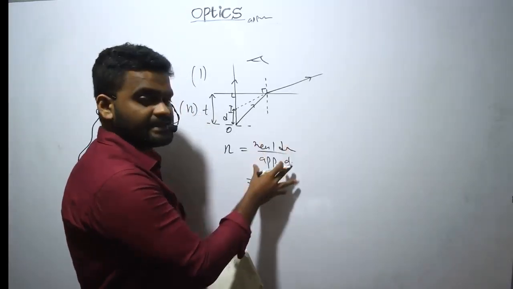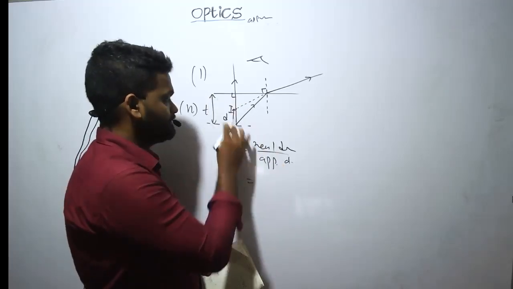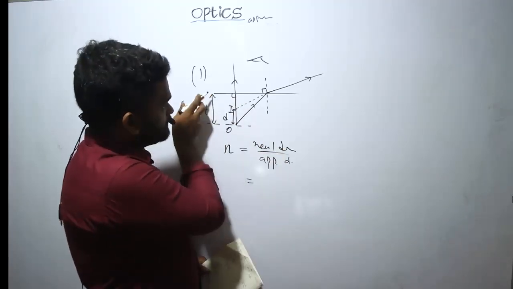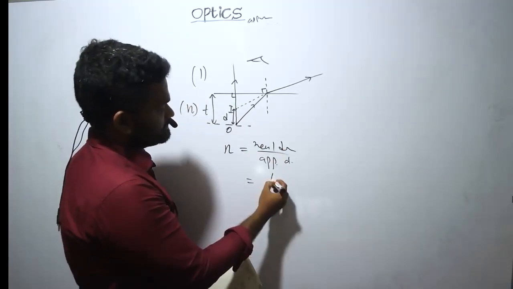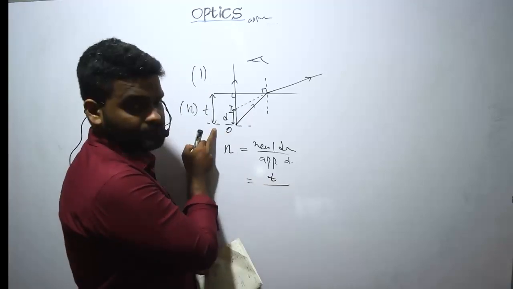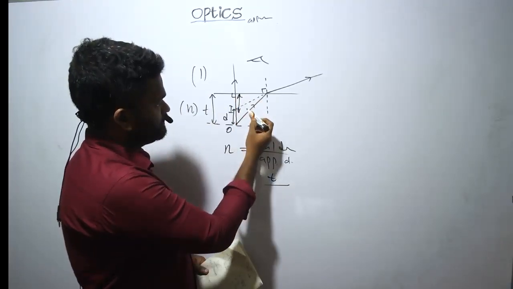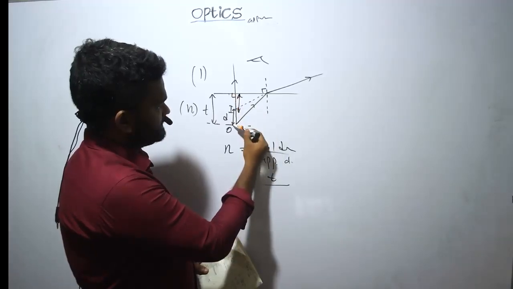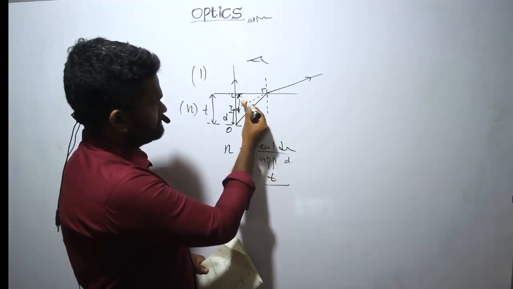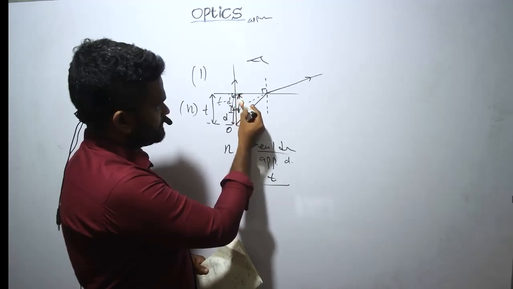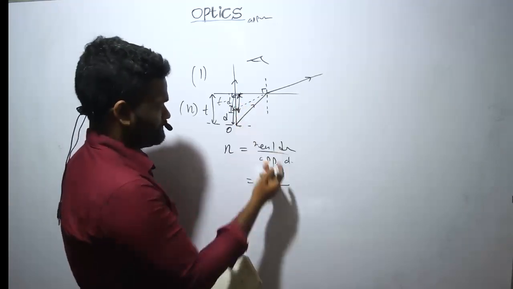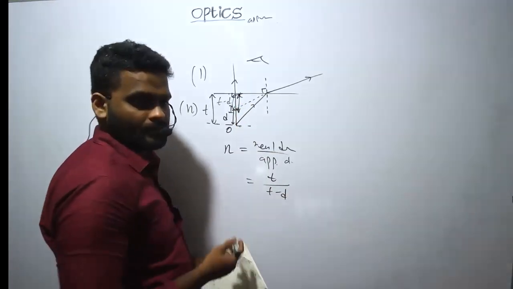I have to write this in terms of T and d. What is the real depth? This much is the real depth, that is thickness T. The apparent depth, this much, is T minus d. So T divided by T minus d is equal to n.